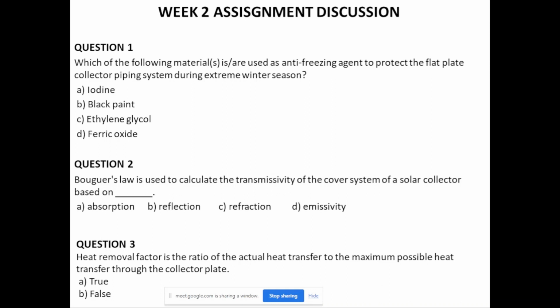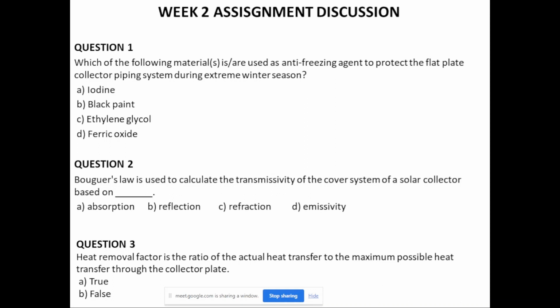So when this ethylene glycol is mixed, you can use the water-ethylene glycol mixture as a fluid system for your flat plate collector piping, even in the extreme winter season. But one of the things we have to take care of here is, when you add ethylene glycol to water and use it to transport your heat, once it reaches your thermal energy storage system or other kind of energy storage system, you need to separate them.